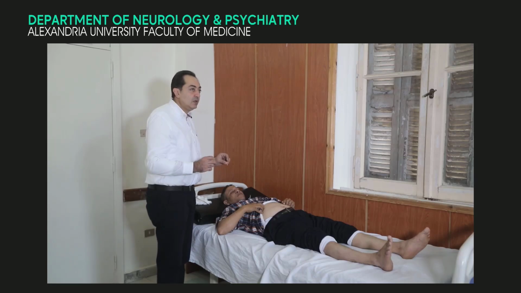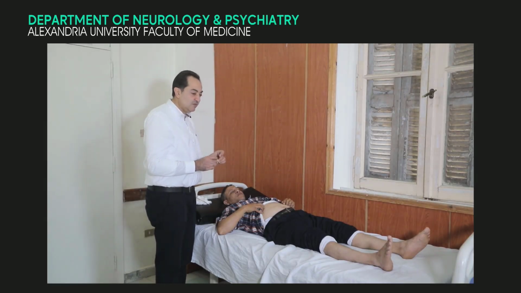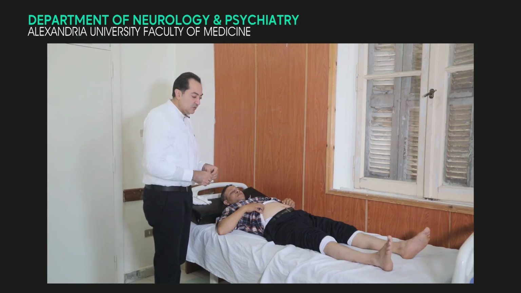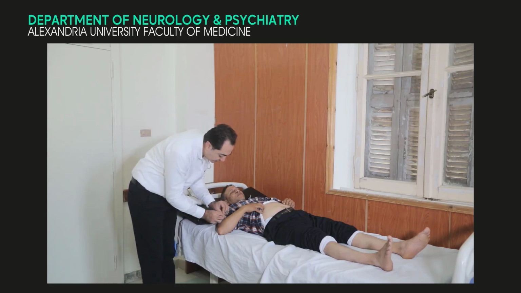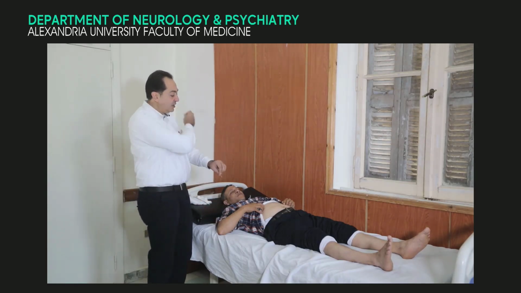When I come very near to each other, he can feel it in some areas, except the hand, he can feel it as one pain prick. For example, when I come very near like that, he feels it as one only.